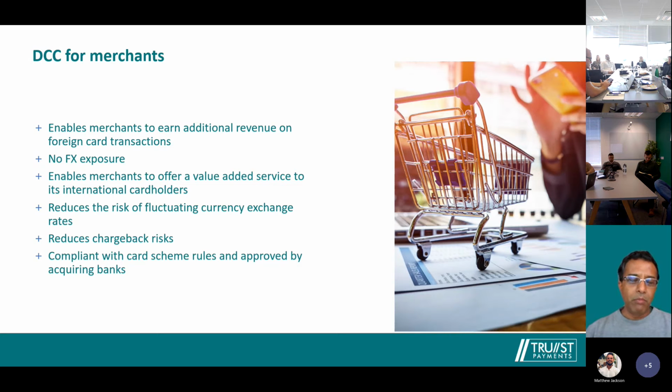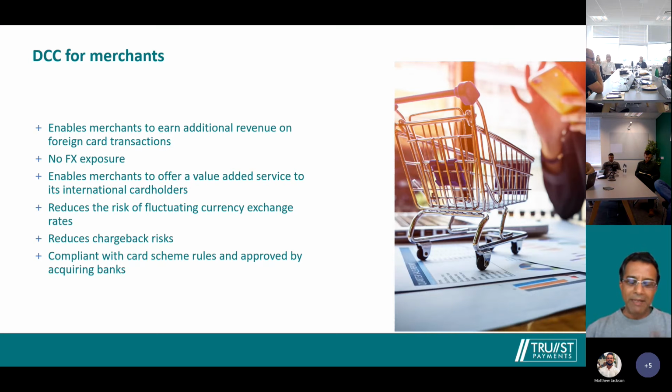Okay, now given that the customer has explicitly accepted that conversion and they know how much they're paying in their home currency, there's much less reason for the customer to request a chargeback. And this is all done within scheme rules.